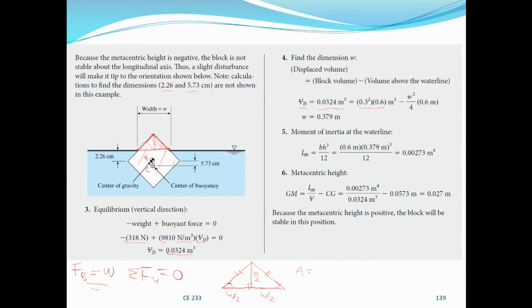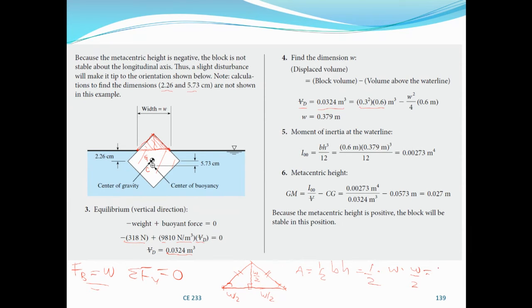So now the area here, the area of a triangle is half base times height. In this case the base is W, which is here, and the height is W over 2.